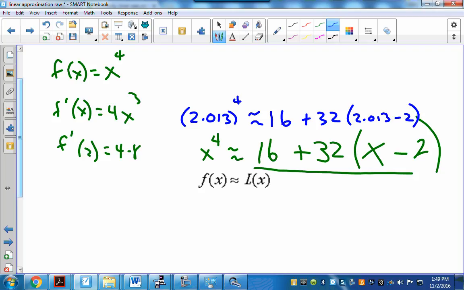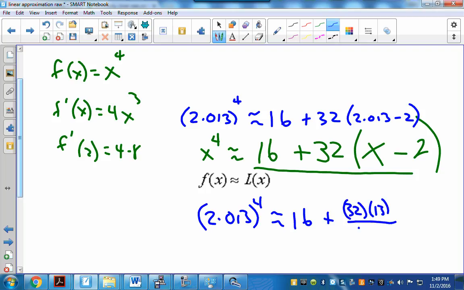And that's not terribly bad. Let's see. 2.013 to the 4th is about 16. Duh, I know that. 2 to the 4th is 16. We have to add, what is this? This is 13 thousandths. So we're adding 32 times 13 over 1,000. That's how much we're adding.